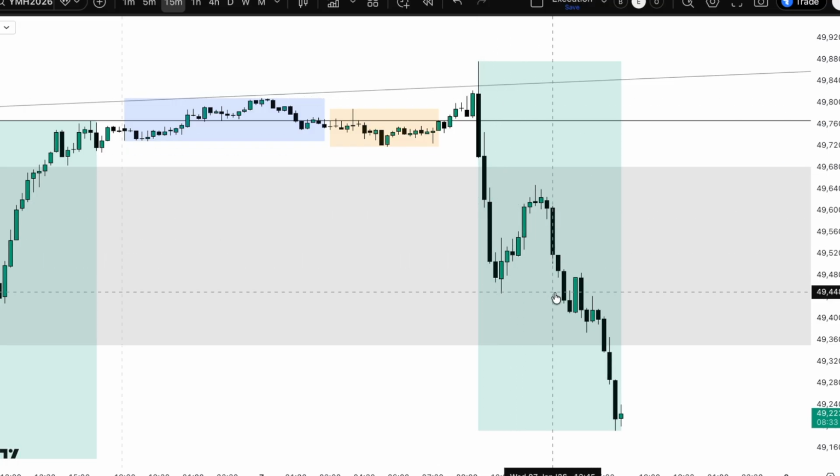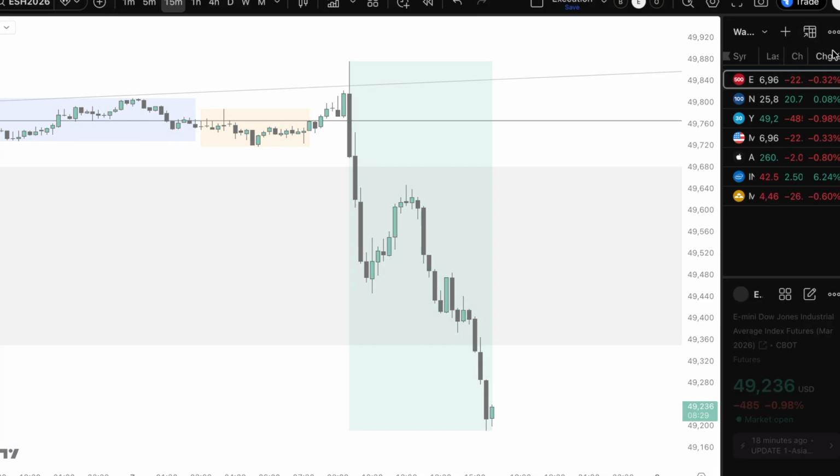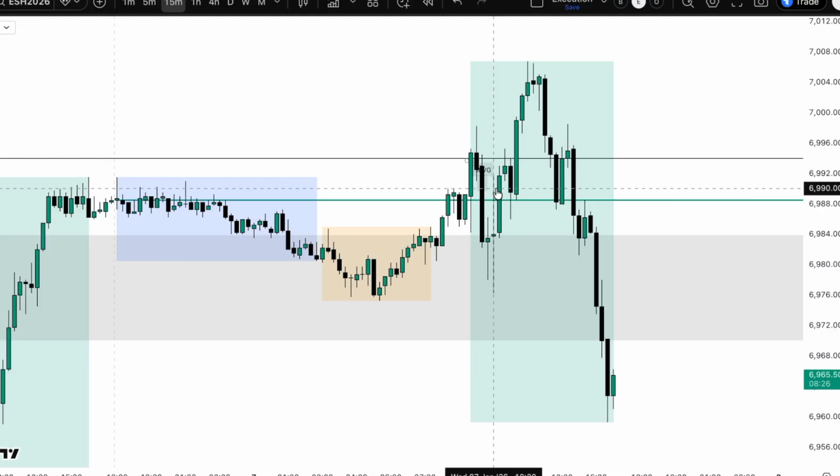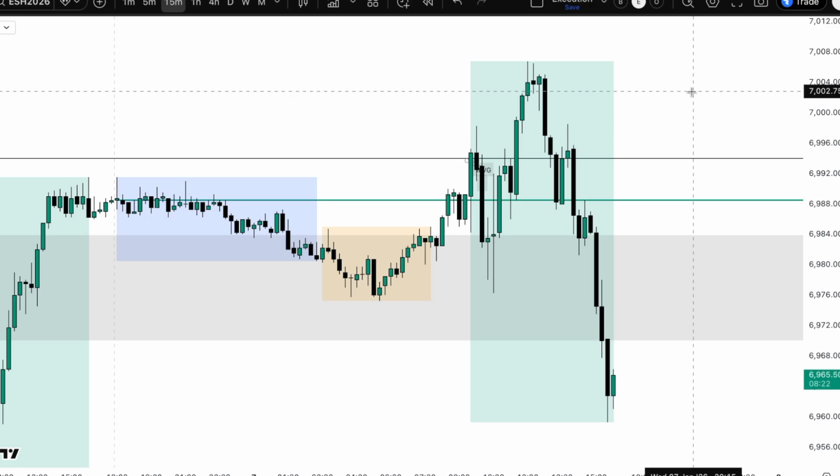YM runs all the way lower till about noon, guys. And what that does for ES is it kind of chops ES around. So the price action today was a little difficult for sure because NQ was running higher, YM was running lower, and what that does for ES is it kind of chops around.